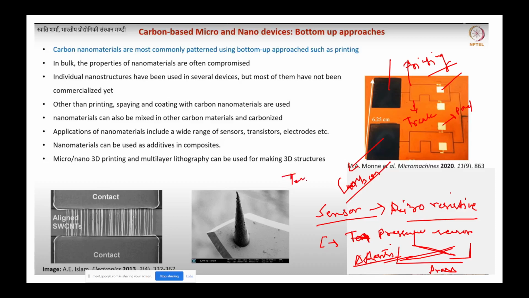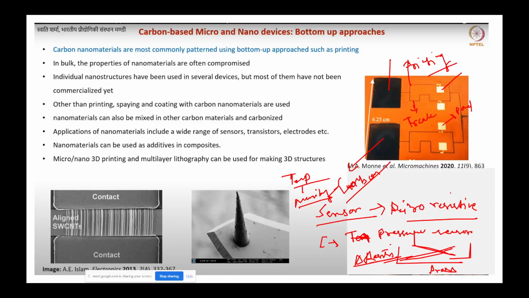Also when you apply temperature, or vary the humidity, the resistance or the capacitance of your sensor will vary when you are using this kind of nanomaterial. When you go for transistors, you can use this to manufacture transistor materials, and some electrode material, which will be useful for energy storage applications and also for some sensing applications.